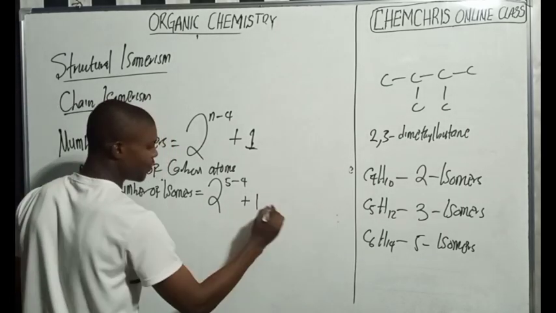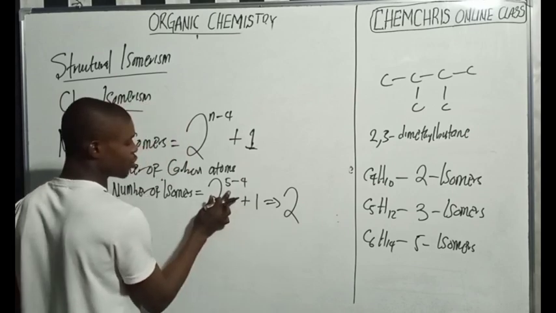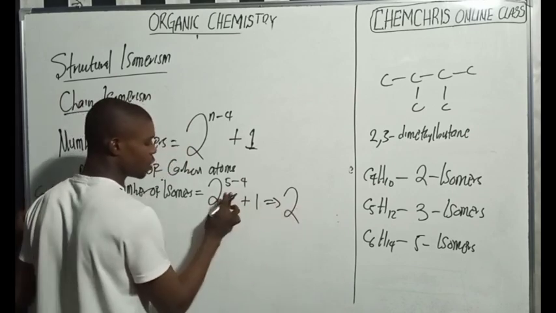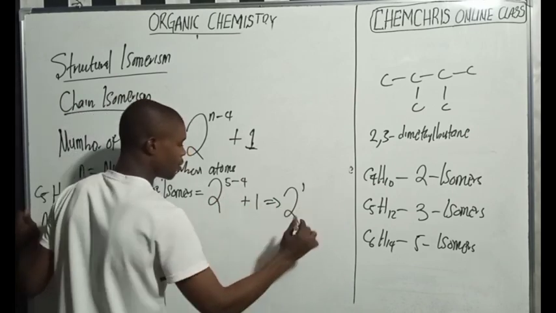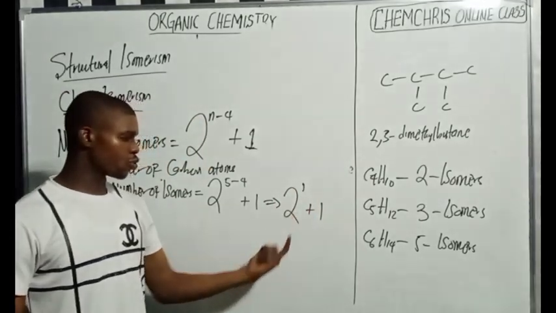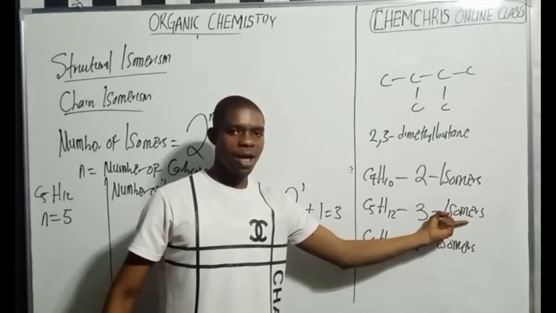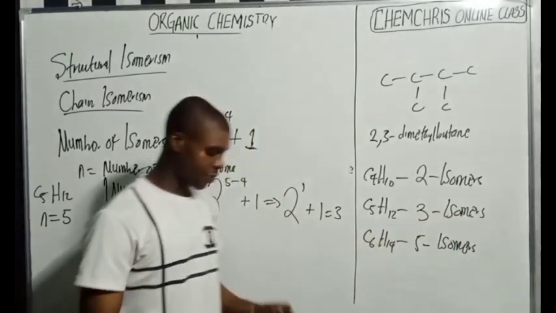If you check it very well, what do you have here? 5 minus 4 is 1, plus 1. 2 raised to 1 is 2, plus 1 is 3. It corresponds here. 3 isomers. Do you understand? 3 isomers.